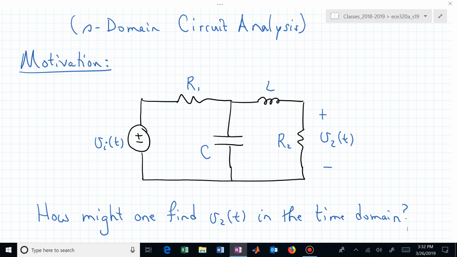That's really what we want to be comfortable doing, is can we now find any variable in this circuit? It could be a current somewhere, it could be a voltage somewhere else, but let's just put it on the farthest side of the circuit in this case, V sub 2 of t.